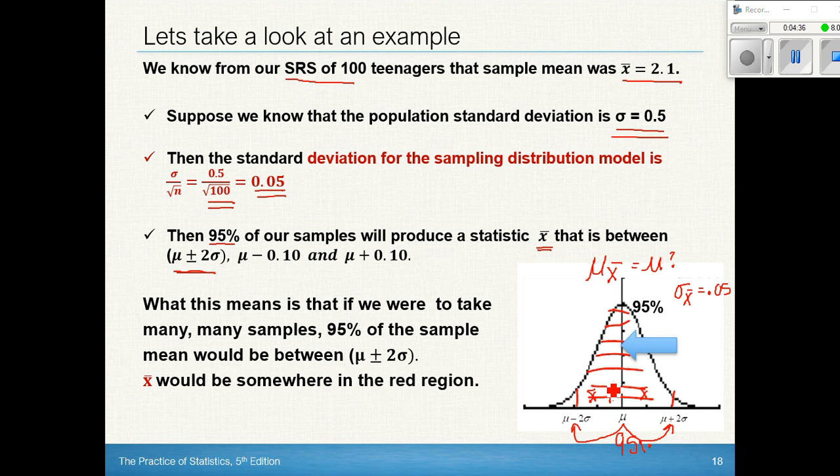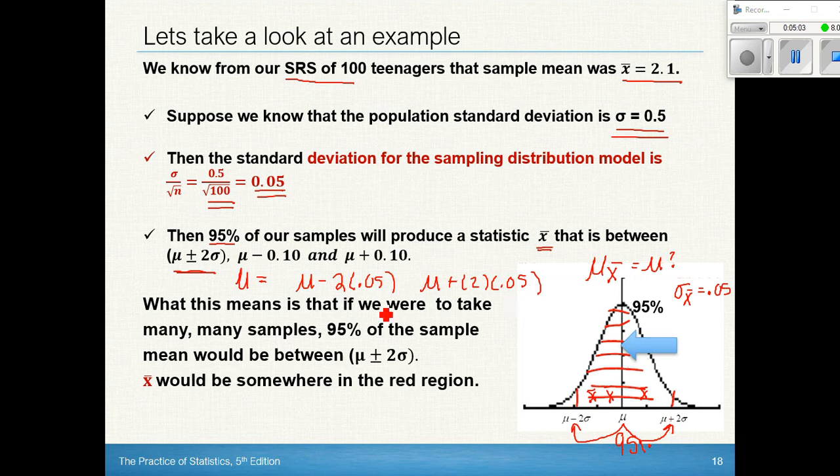So what that now tells us is, if I take the mean and subtract two standard deviations, and I take the mean and add two standard deviations, 95% of our values are going to be within 2 standard deviations of our mean.